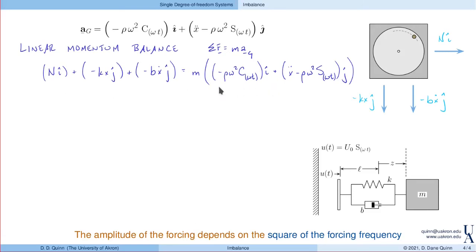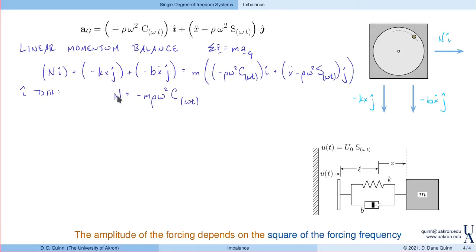I can now take components. In the i direction, on the left side we get n, and from the right side, minus m rho omega squared cosine omega t. So this is the normal force. The normal force fluctuates in time because cosine varies in time.